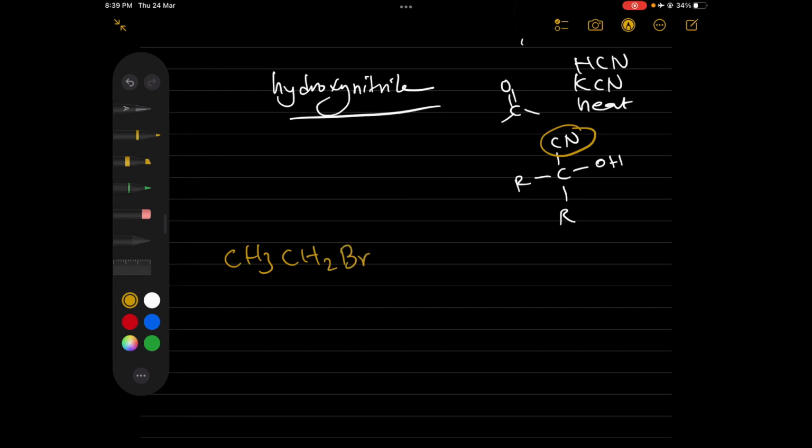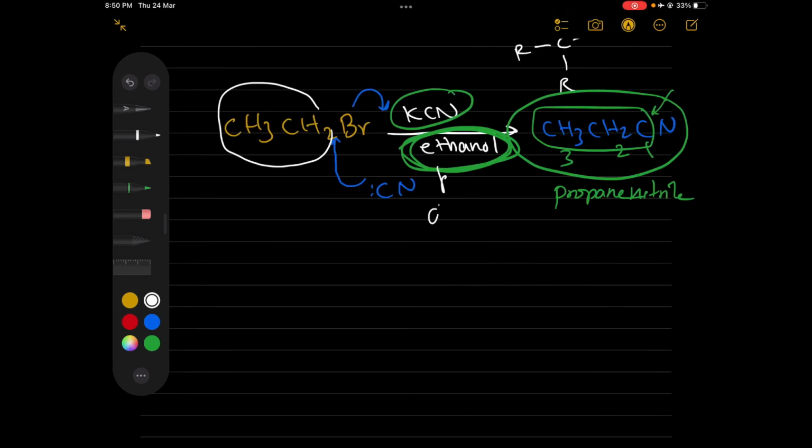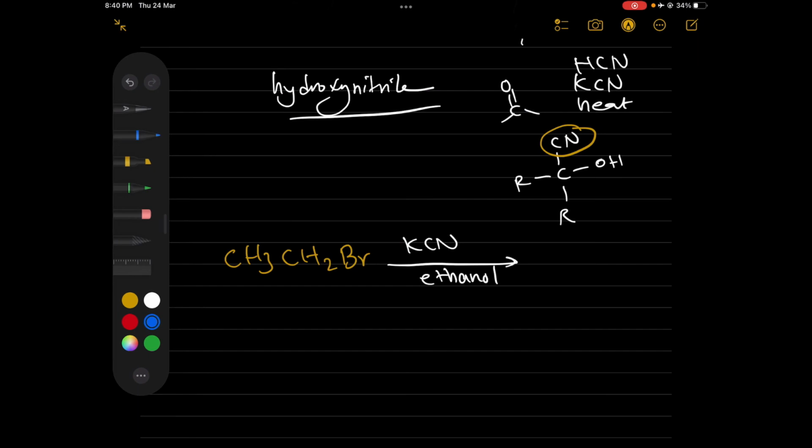So in this case, if you want to make a substitution reaction, which was nucleophilic substitution, we can add KCN, okay, in the presence of ethanol as a solvent, which is a must in this case, and heat. So in this case, the CN nucleophile works as a nucleophile, kicks the bromine out, and you will have CH3CH2CN.